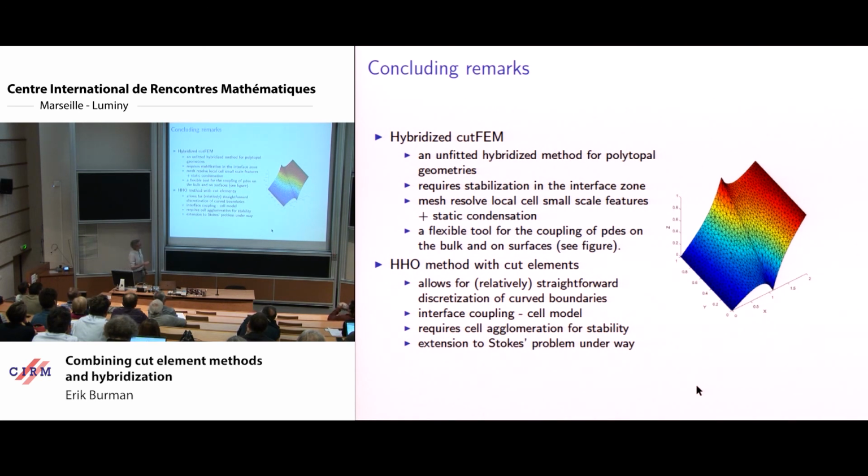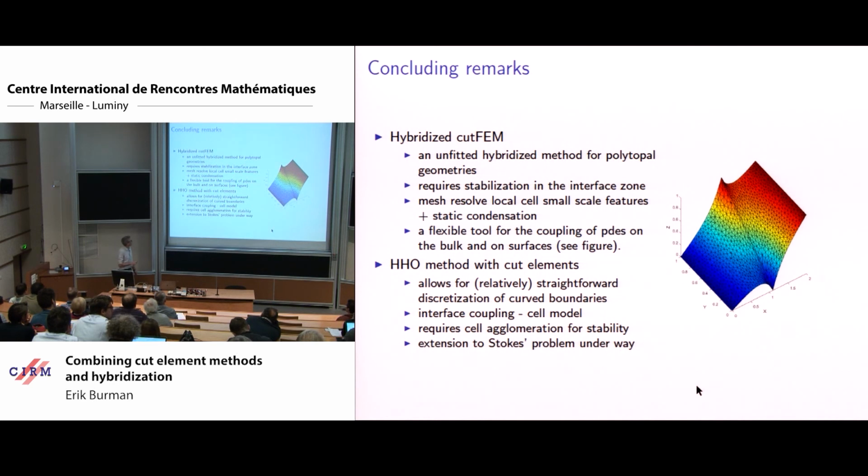As you can see in this figure here, we have the Poisson problem in each bulk subdomain, and then there's Laplace-Beltrami on this line that is then a crack that leads to transport in this direction. So then we had the HHO method with cut elements.